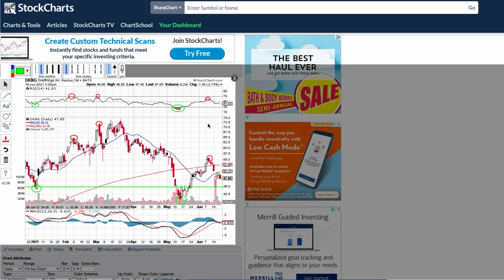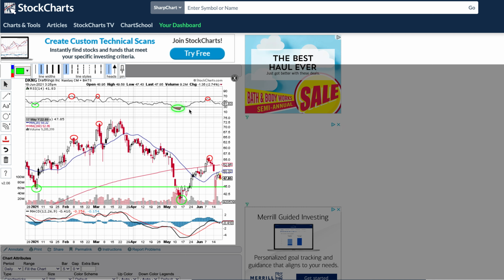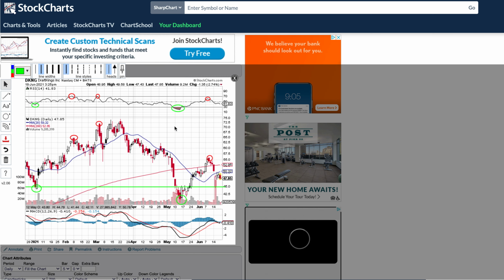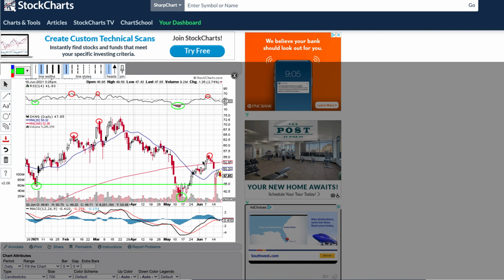On the flip side, like I said before, when the RSI is around 30, that means the stock is oversold. A lot of people have been selling it, which means it's due for a reversal to the upside. As we see here, the stock was terribly oversold. It looks like it hit about 20 here, and as we see, it made a move to the upside.